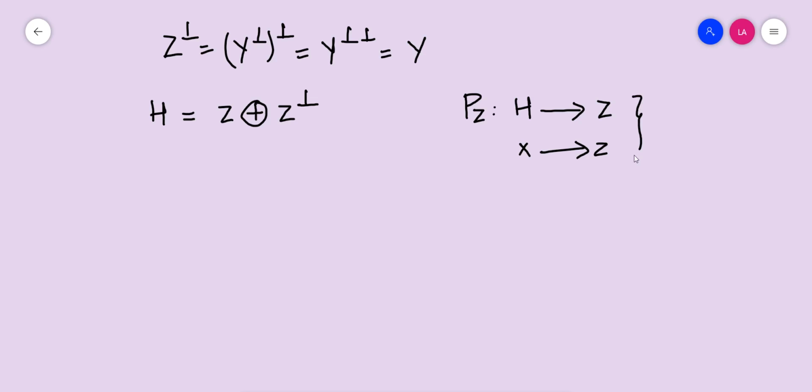This is another map similar to the projection, and it has all the similar properties of projection as well. So it's an exercise for you to prove that PZ has all the same properties as the projection map.